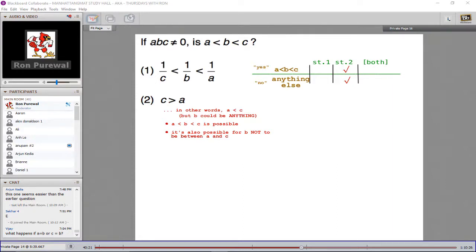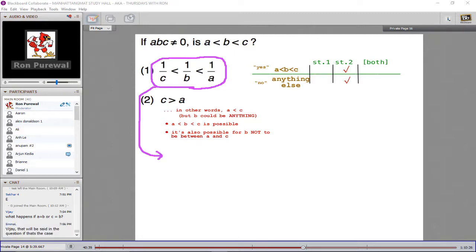Okay, statement 1. Let's take a look. What does this mean? You need to be careful with the way that you handle this. This might remind you of what we discovered in the other problem.